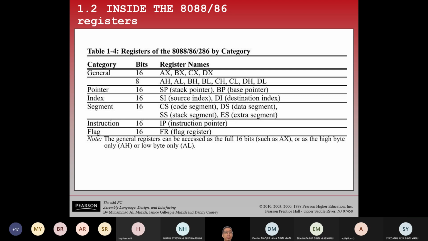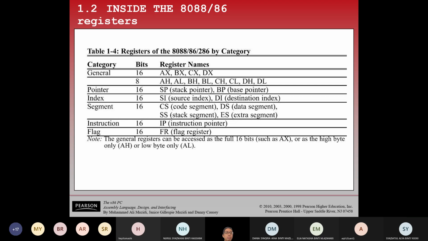Then you have the segment registers: CS, DS, SS, and ES.